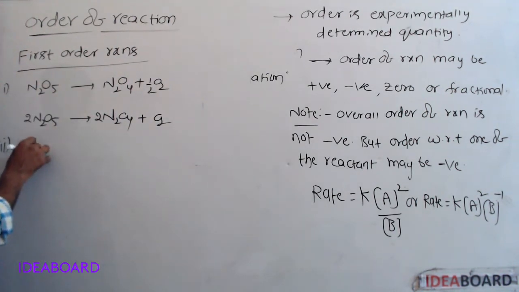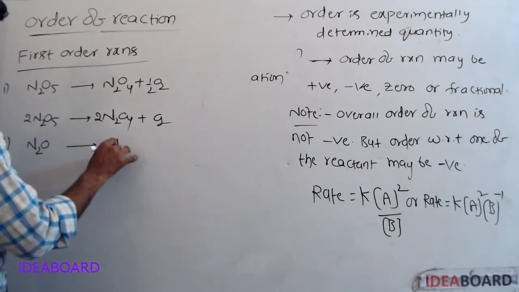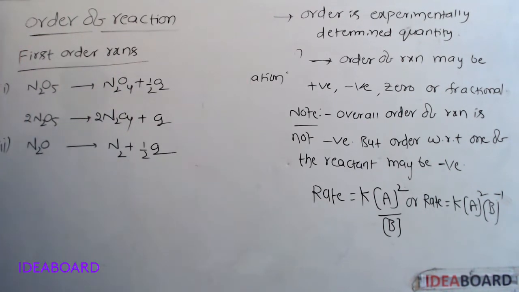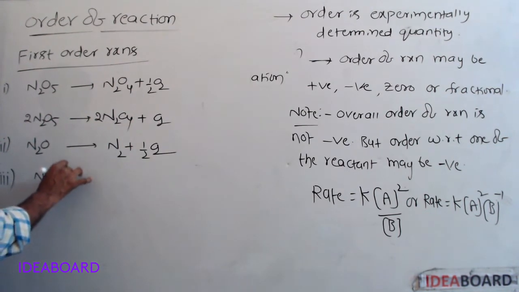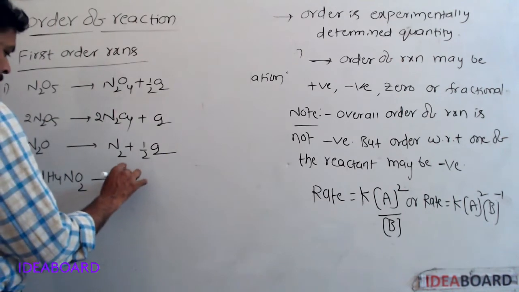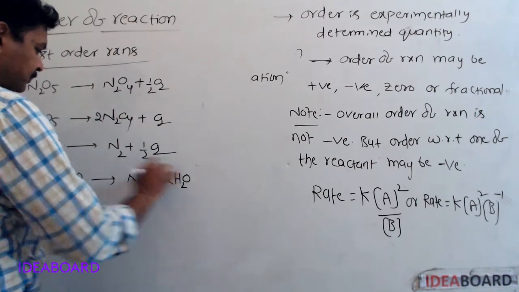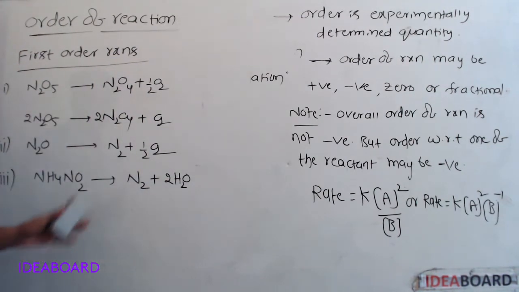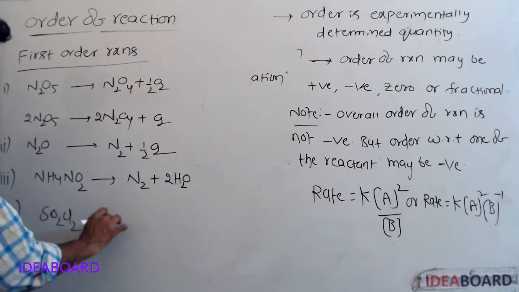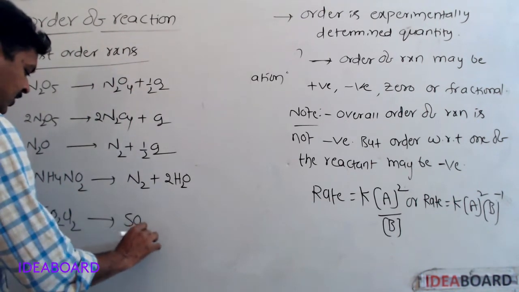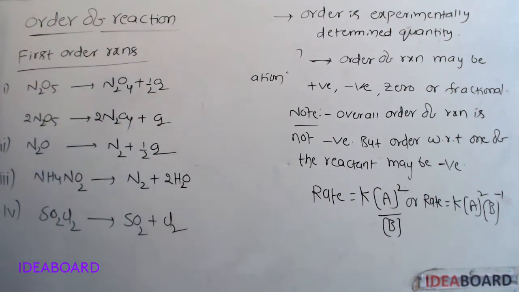Next, decomposition of nitrous oxide, N2O. This is also a first order reaction. Decomposition of ammonium nitrite, NH4NO2, forms N2 plus 2H2O. This is also first order. Decomposition of SO2Cl2, sulfuryl chloride, gives SO2 plus Cl2.